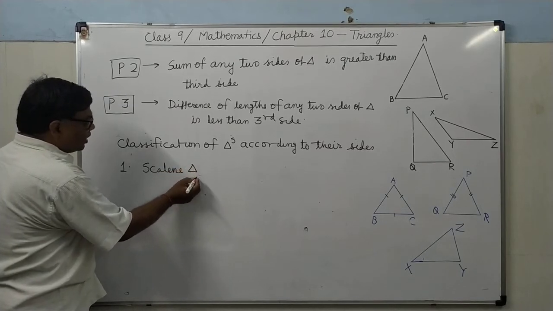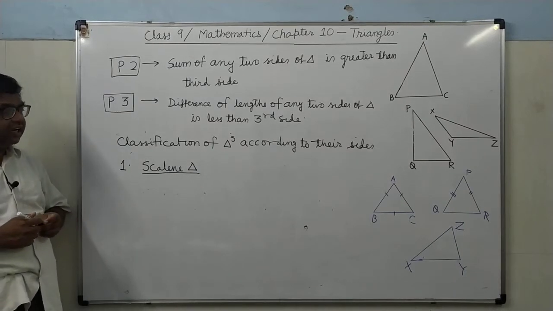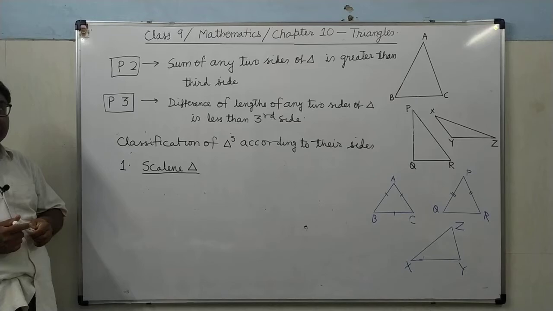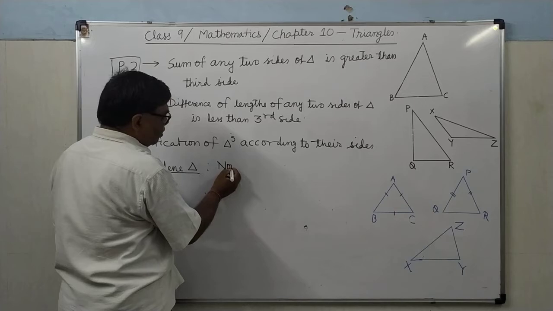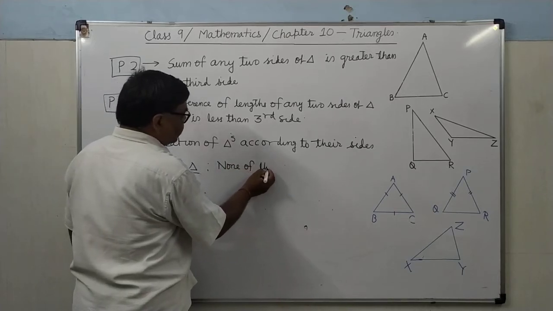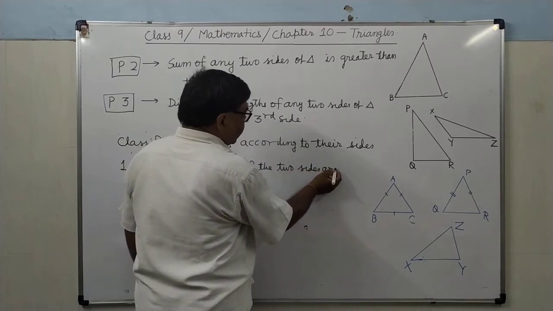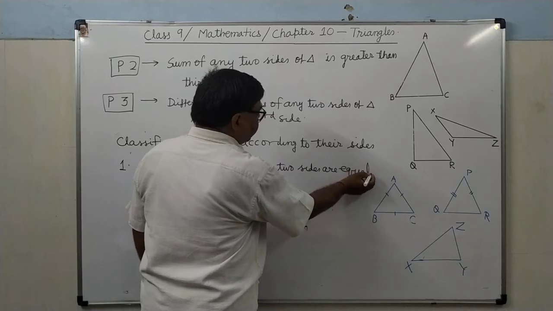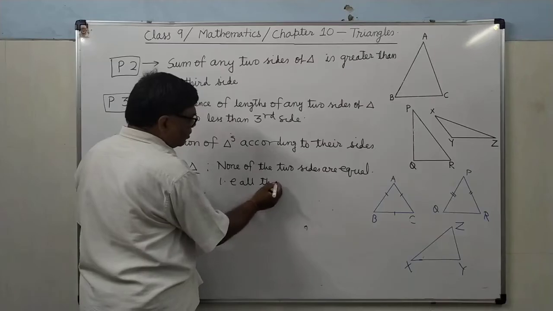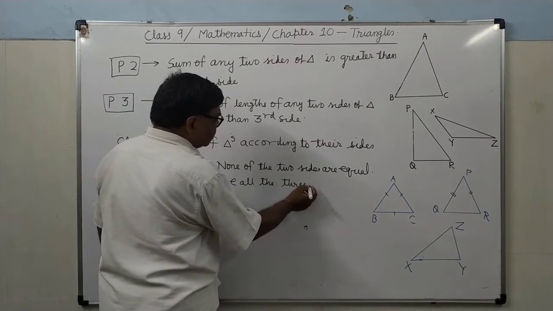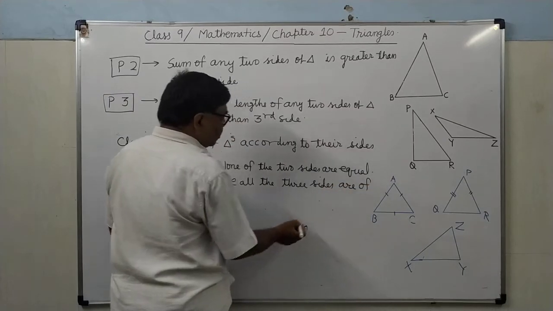We can classify the triangle according to the sides in three types. Scalene triangle is one in which none of the two sides are equal. That is, all the three sides are of different length.